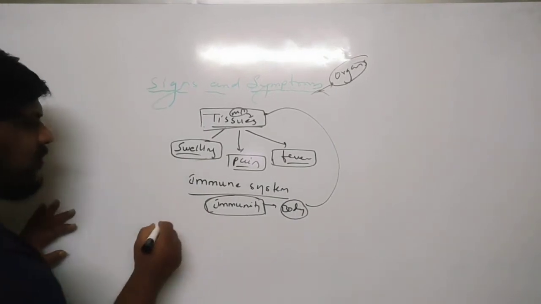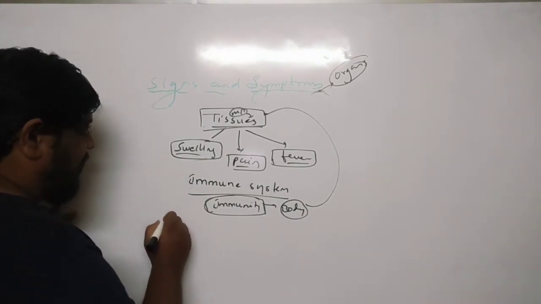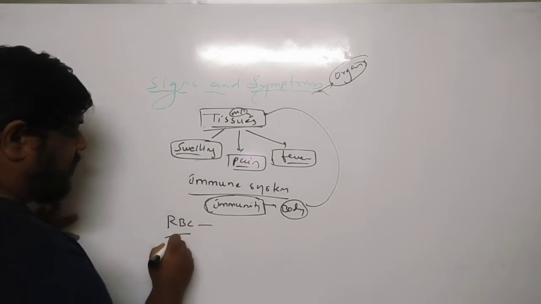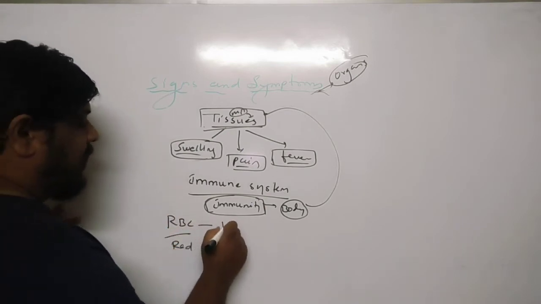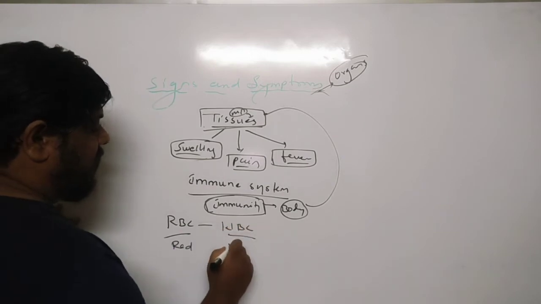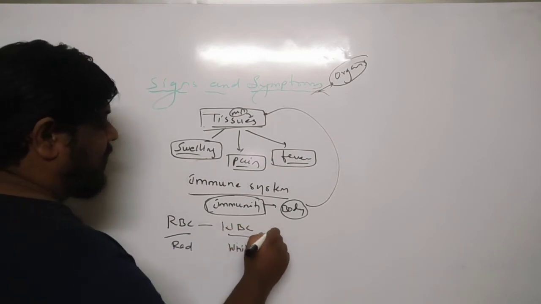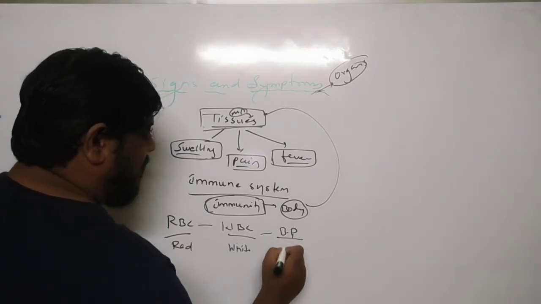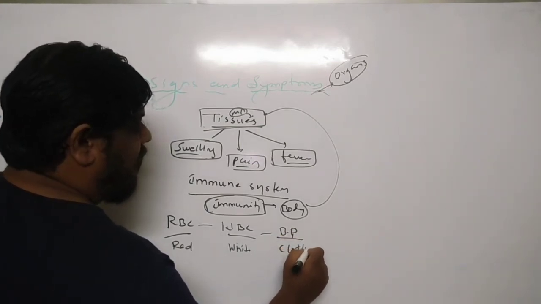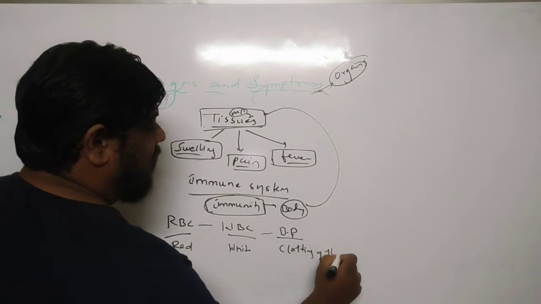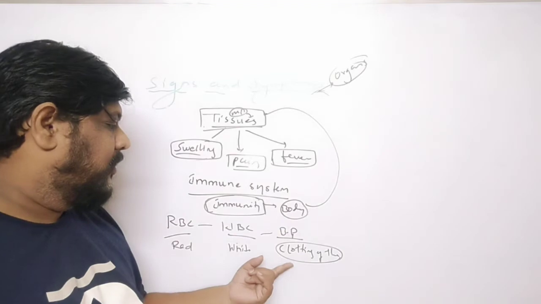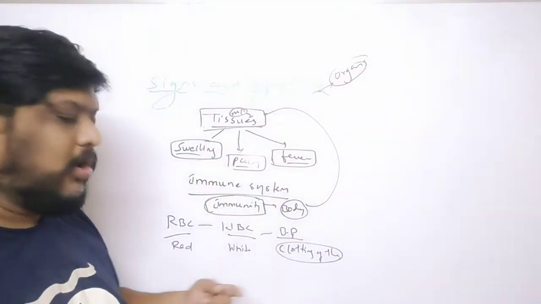Now what is the immune system? In the blood we have three kinds of cells. One is RBC, that is red blood cells, then WBC, that is white blood cells, and then blood platelets. The blood platelets are helpful in clotting of the blood. Whenever you have wounds, the blood should be clotted, so the platelets help in the clotting.